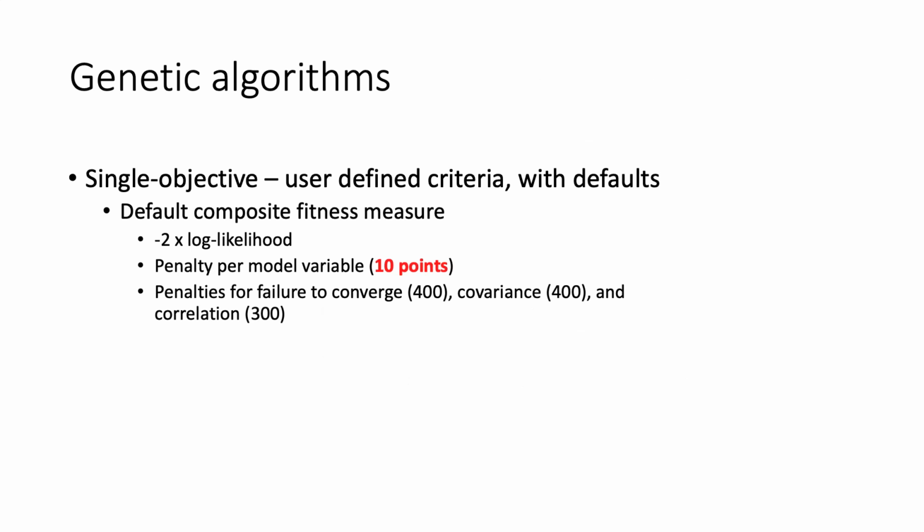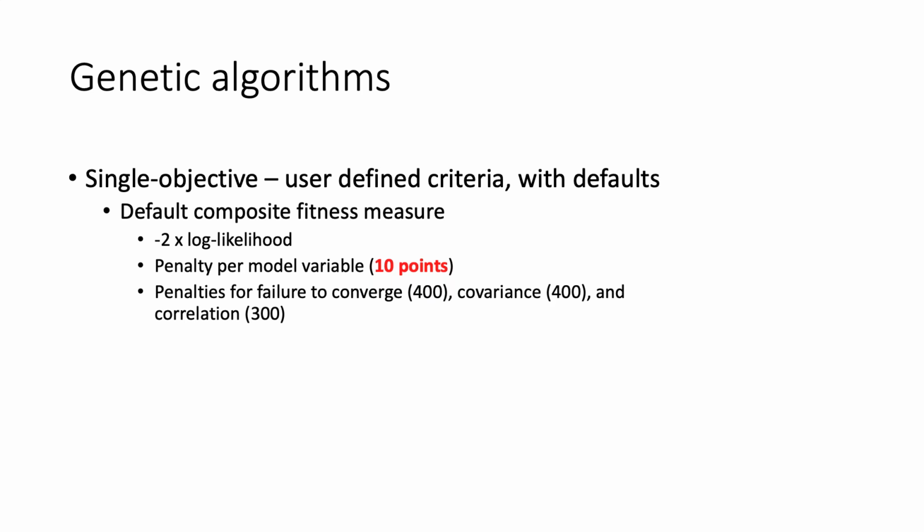So the genetic algorithm approach that this represents, even though it's a composite function, we're calling it a single objective because it's a single fitness function that we are optimizing against. We initially used user-defined criteria. The defaults that were specified initially in that historical work were based on the -2 log likelihood.